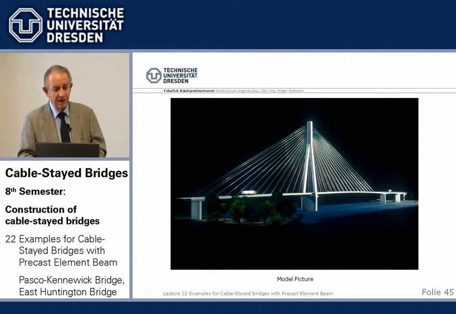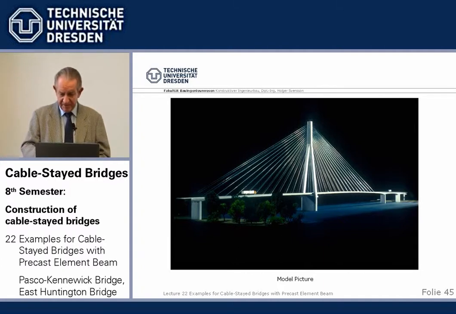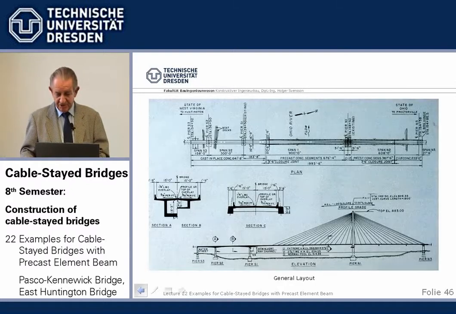Well, we did, and again, we had a model picture. Here you see it. One used always high gloss wires, so it looks very nice if you photograph it. Basically, that's the main pier, and these two piers were designed.